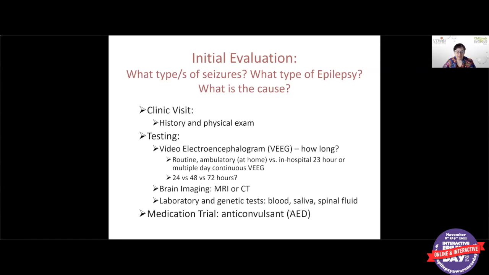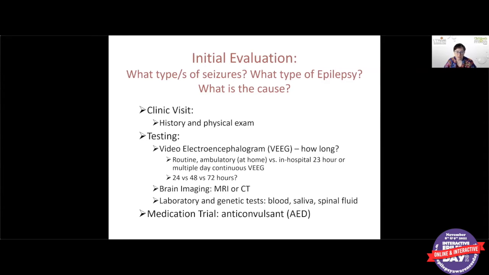And then if the doctor feels that these episodes are seizures and represent epilepsy, then often a medication trial is started with an anticonvulsant drug. And we have 20 or 30 drugs that can be used for epilepsy, and the choice of which one is the first drug to try really just depends on that particular patient and what type of seizures are happening and what type of epilepsy the doctor thinks this might be.